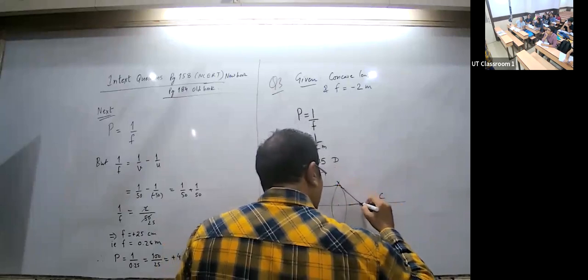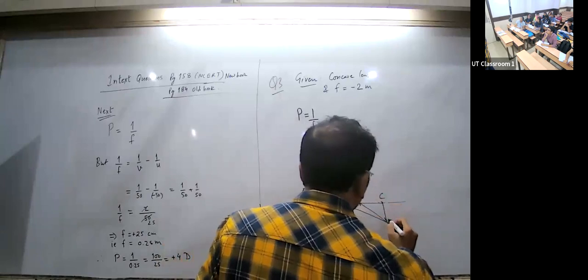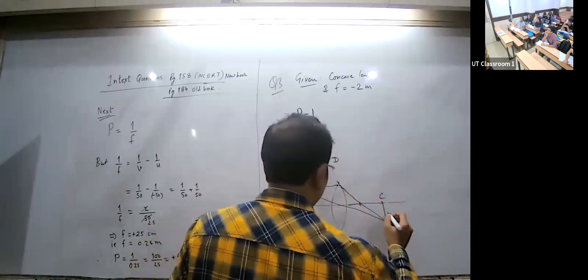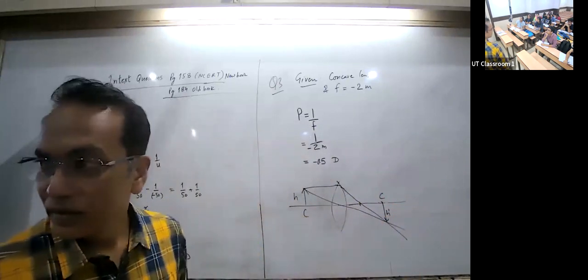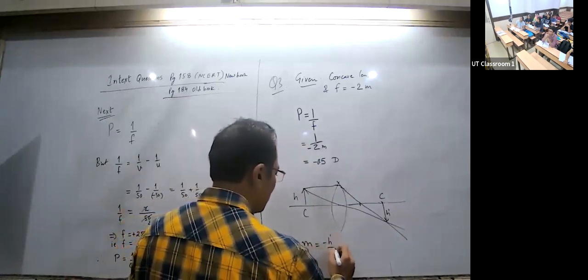The image is happening on this side. So if this was H, so this has to be H dash. So it is minus. तभी तो M will be equal to minus H dash upon H.